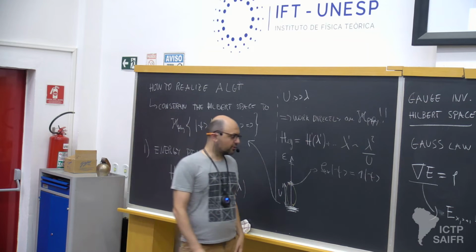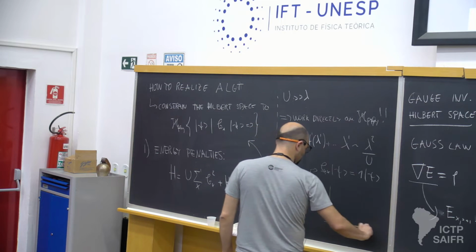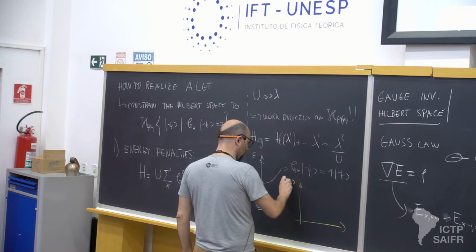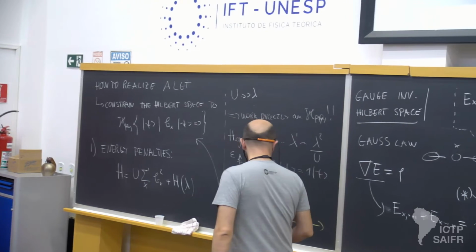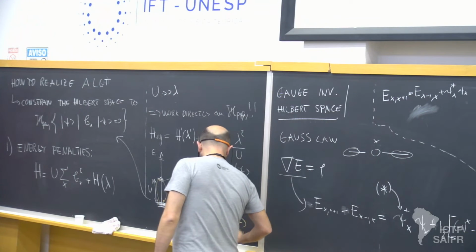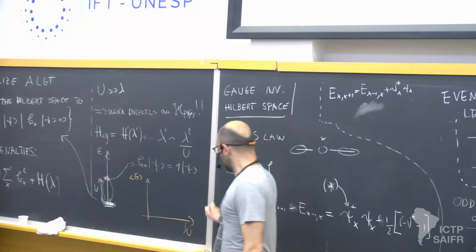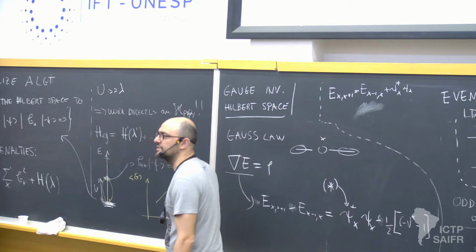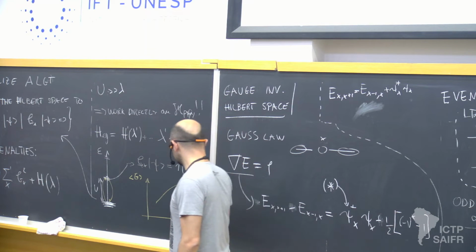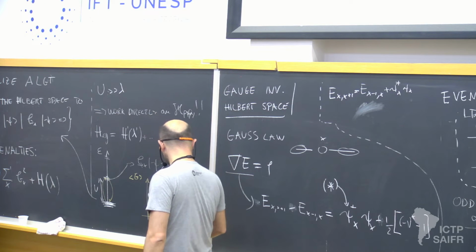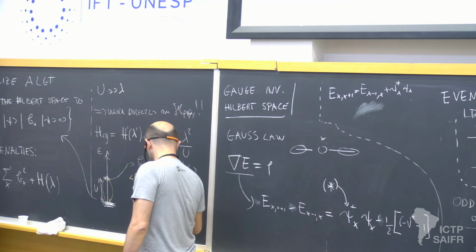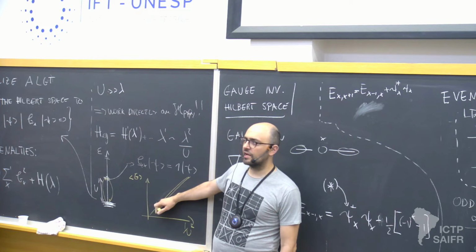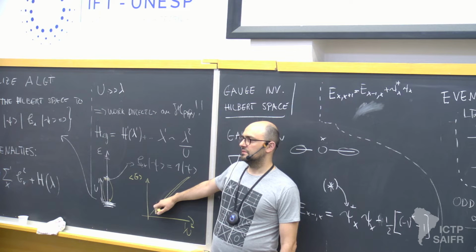If you compute the expectation value of the Gauss law operator as a function of 1 over U, you will see that it decreases with a parabola, 1 over U squared, if it's second order perturbation theory. So as a function of 1 over U squared, it decreases linearly. This implies a very controlled manner of realizing a gauge theory in the infinite coupling limit.